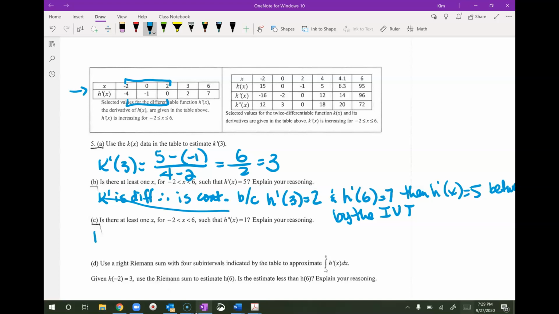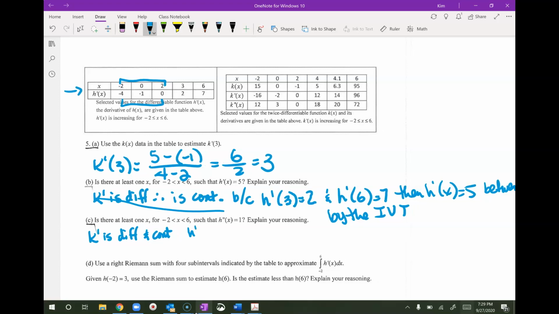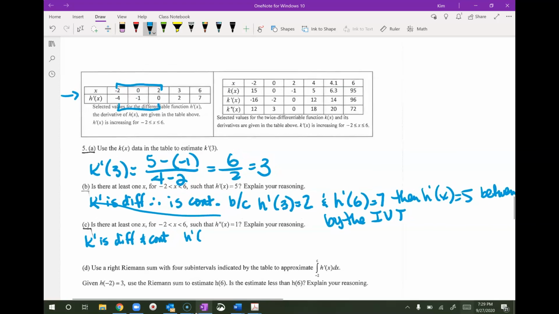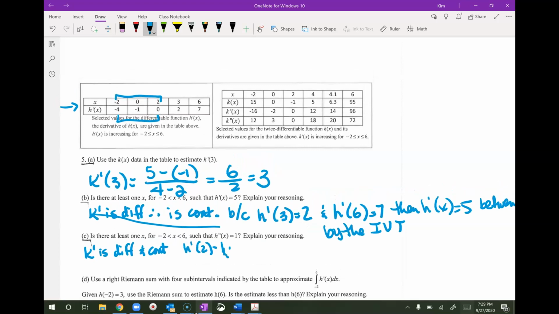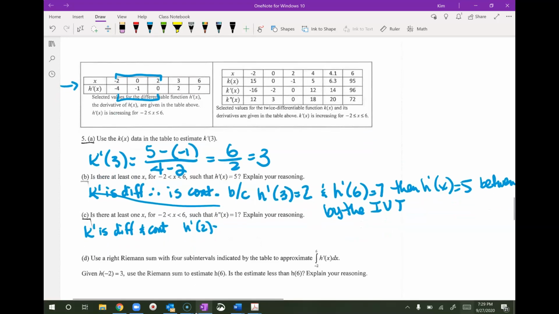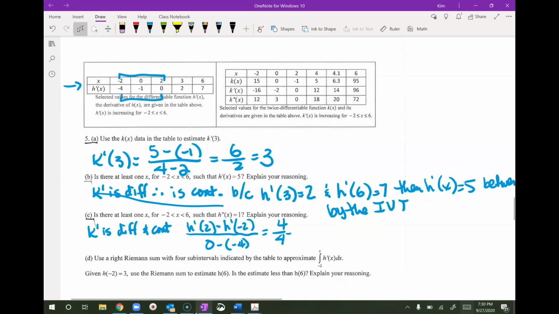So again, h prime is differentiable, which implies continuity, so we can use the mean value theorem. So let's talk about this. H prime of 2 minus h prime of negative 2, all over 0 minus a negative 4. So I have 2 minus a negative 2, which is 4, over 4 equals 1.